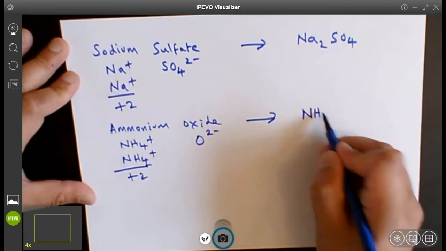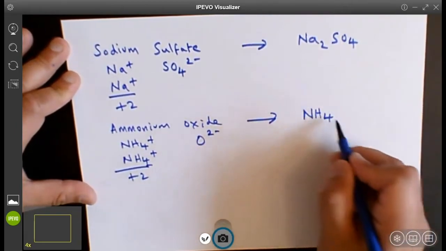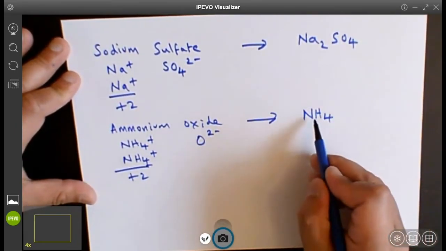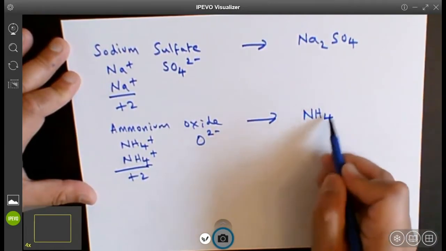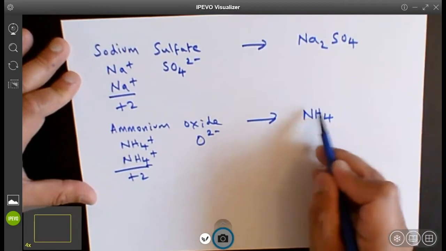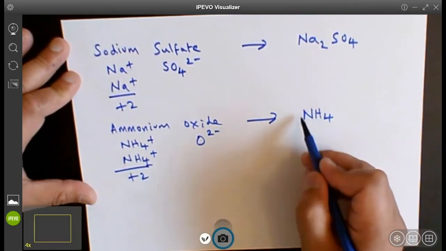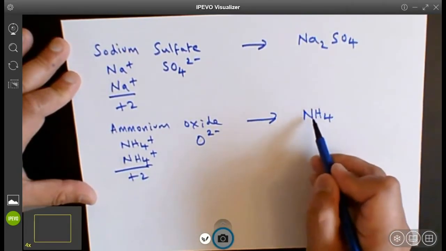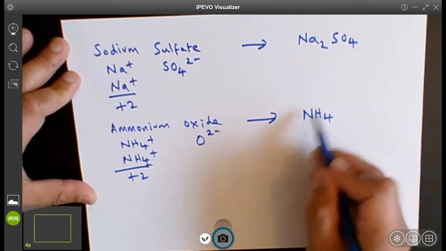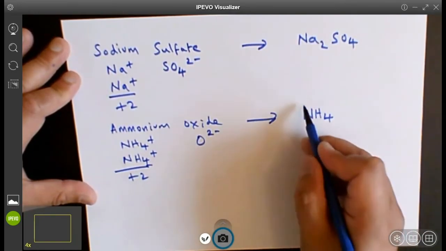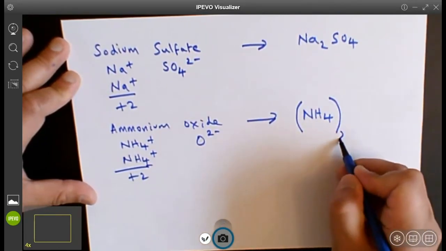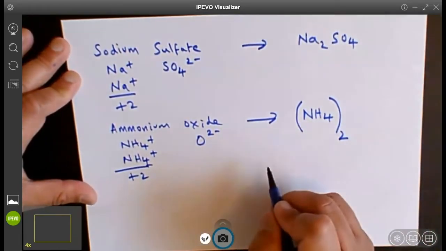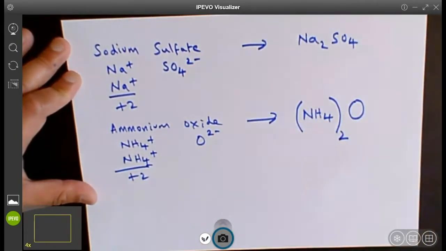So it's NH4, and what we need to do here is this: whenever we've got more than one atom or more than one element in the ion, like here we've got nitrogen and hydrogen, we need 2 lots of those. So what we do there is we put a bracket, 2 lots of ammonium for every 1 oxygen. So that's the formula there.